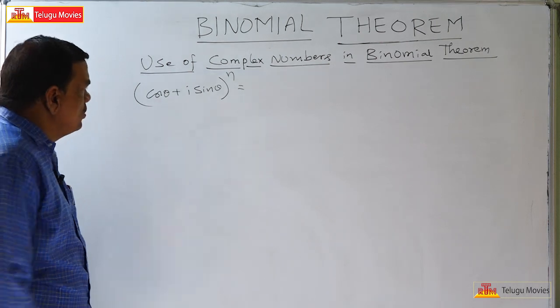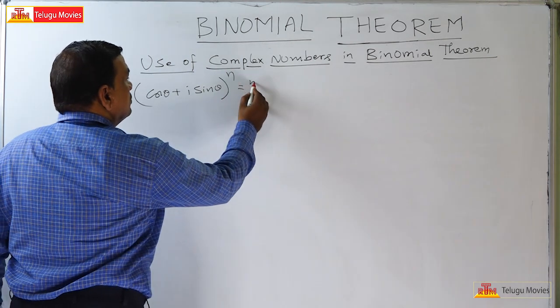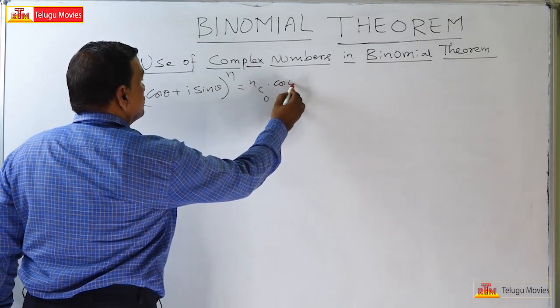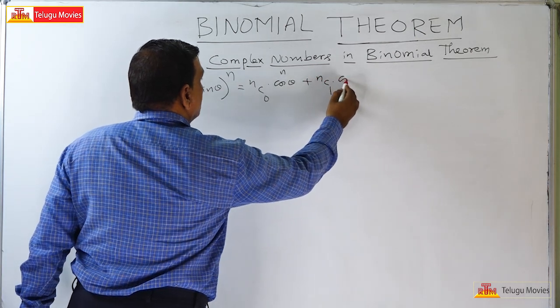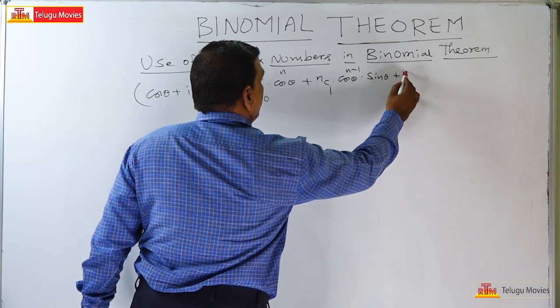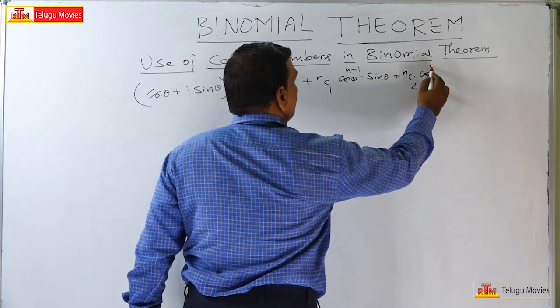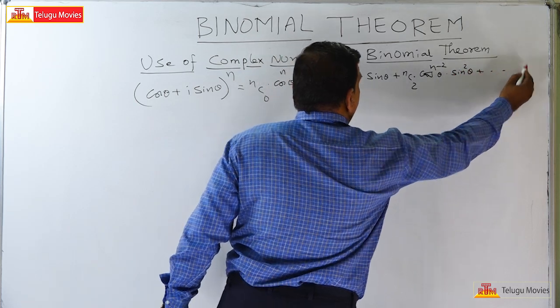How to do this? Binomial theorem, x plus y whole power n. So what will you get here? nc0 cos theta whole to the power of n, plus nc1 cos theta whole power n minus 1 into i sin theta, plus nc2 into cos to the power of n minus 2 theta into i squared sin square theta, plus so on.